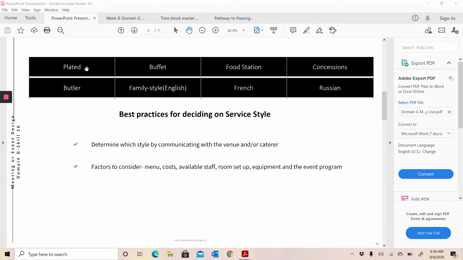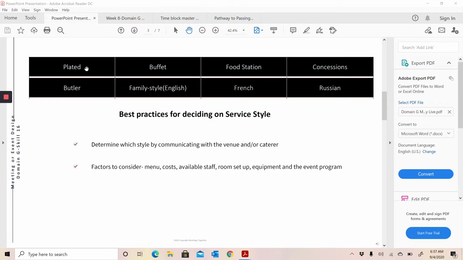So those are the different 8 styles. You want to make sure that you can answer questions understanding what style is best, not only for the type of event you're having and the number of people, but your attendee profile, and what would make sense for that particular function based on the style.